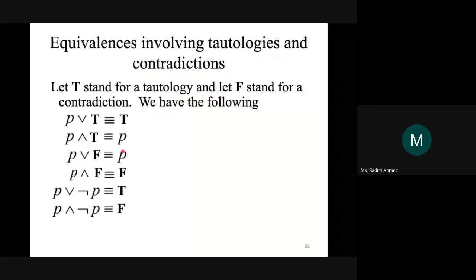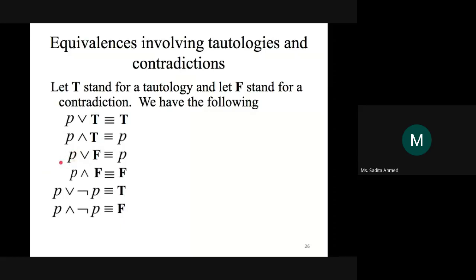It is equivalent to P. Why is that? By definition of an OR, this expression will be true as long as at least one of the variables is true, and it will be false when all of the variables are false. So you have false on the right hand side. You cannot say that this expression is definitively going to be false or definitively going to be true, because you do not know the value of P.